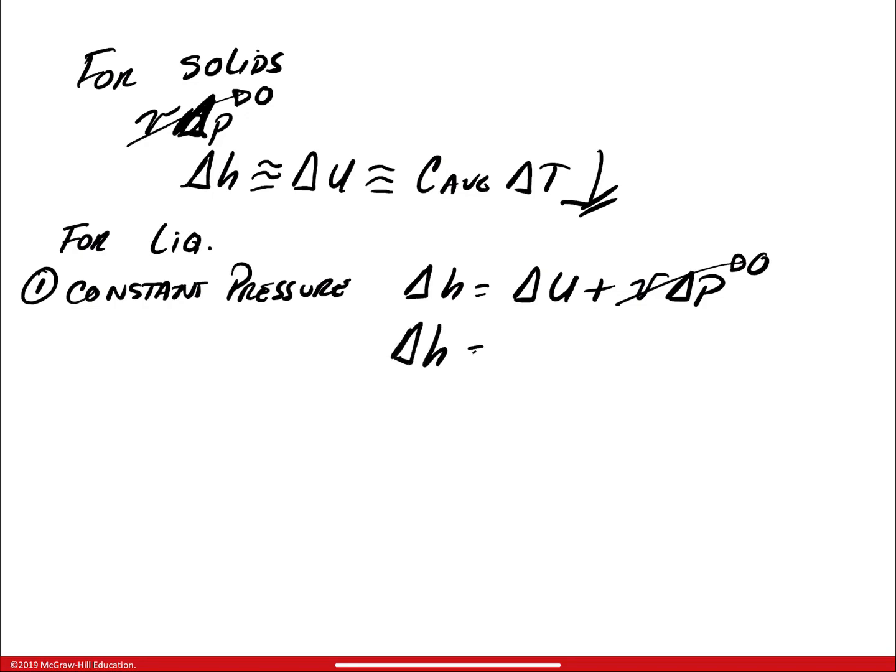Delta H equals delta U, and this equals C average delta T.